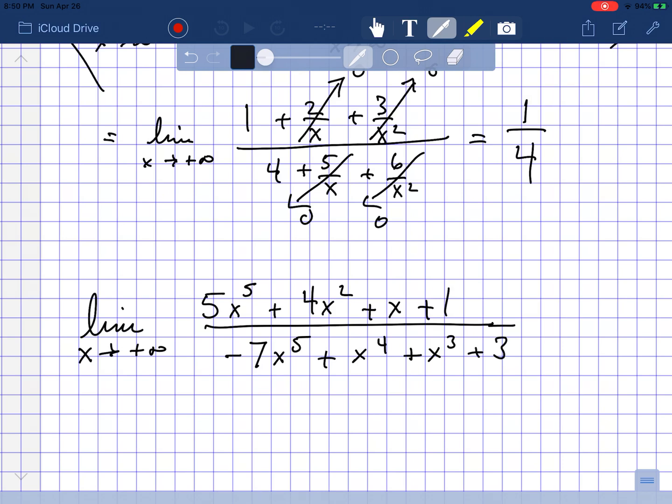Okay? We want to analyze this limit. So here's what we do. We're going to do exactly the same process that we did on the previous example. So this is example 2.